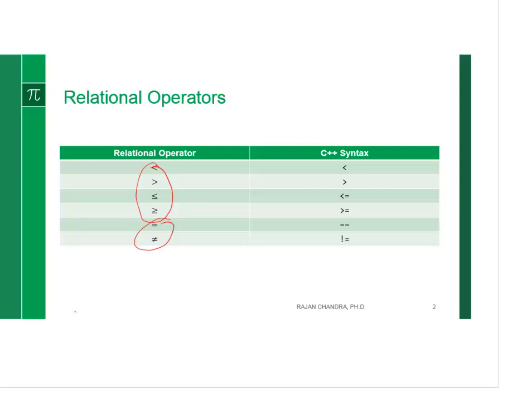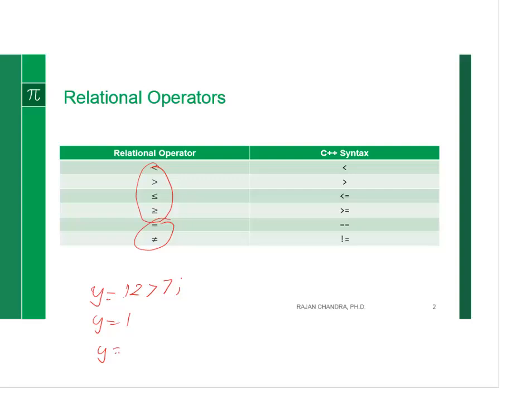or false. For instance, if I say y equal to 12 greater than 7, the answer is true, and true means 1, false means 0, so y will be equal to 1 because 12 bigger than 7 is true.